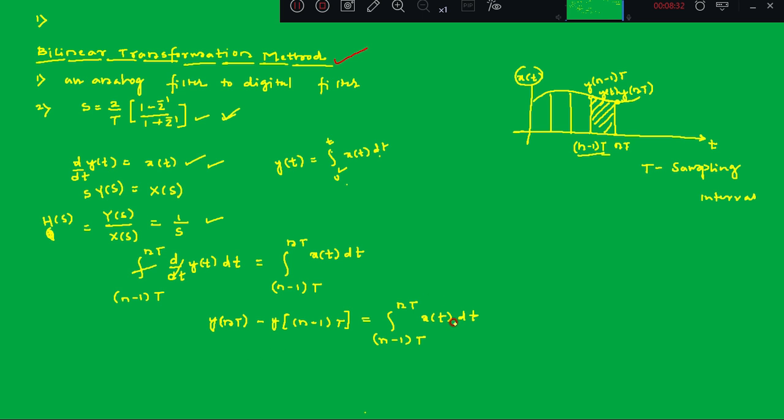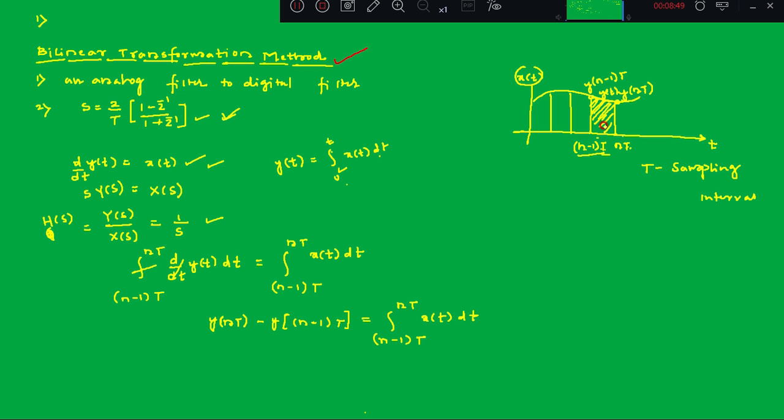So x of t is nothing but the area under the curve, the area under this shaded portion, right? So it is between the two samples, between n minus 1 times T to nT. So how to calculate this area?